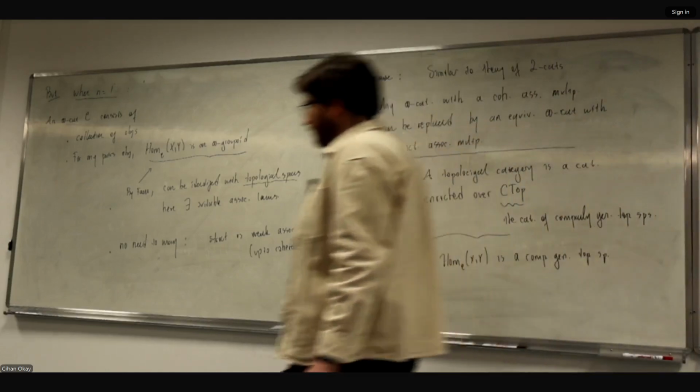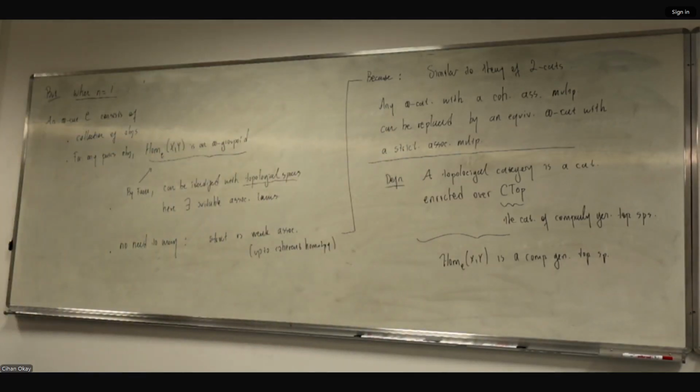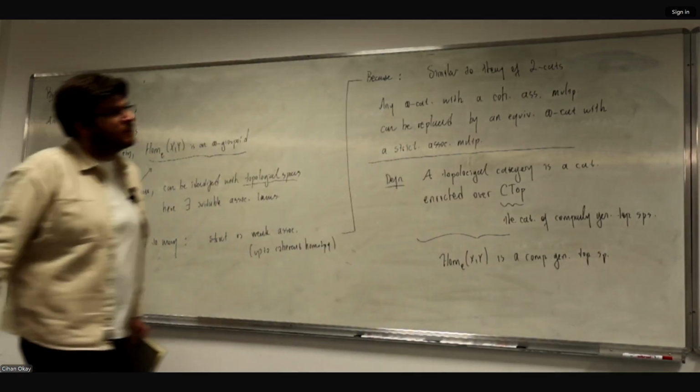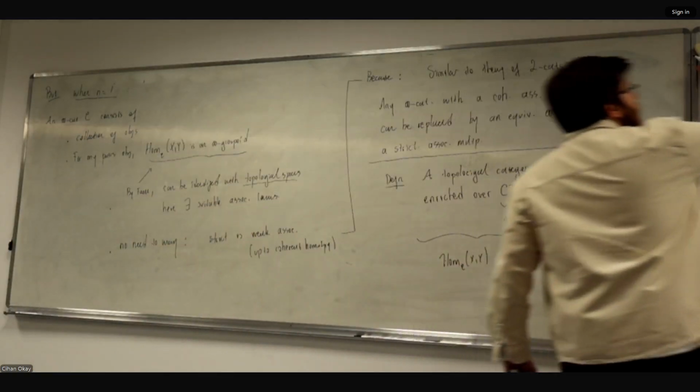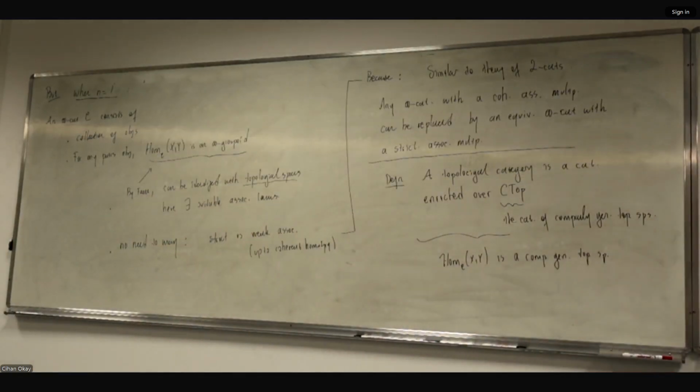Good. And finally, you can formally define an infinite category in the following way. An infinite category is a topological category. That's all. This is our final definition.